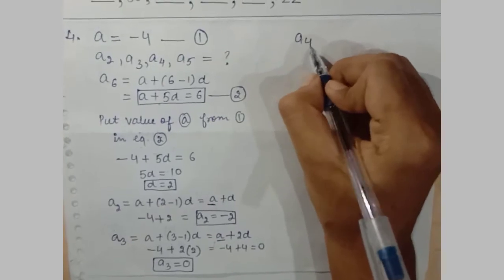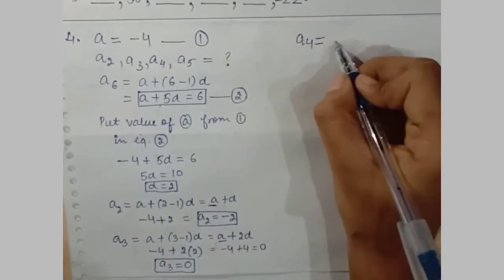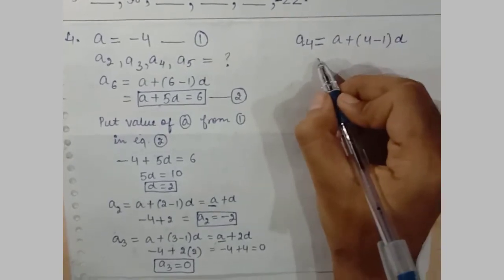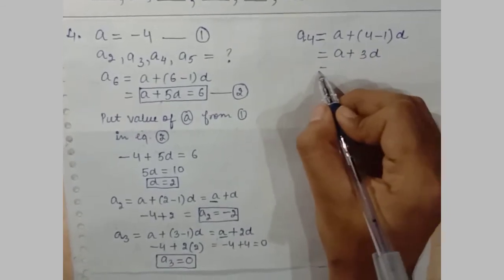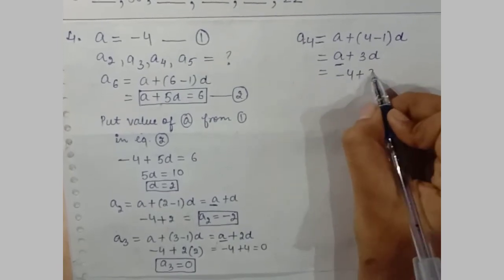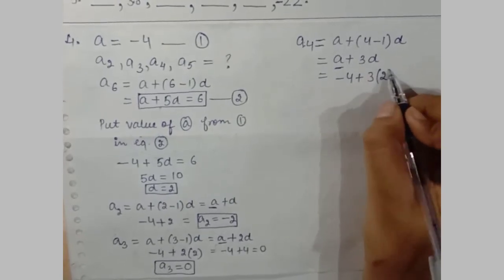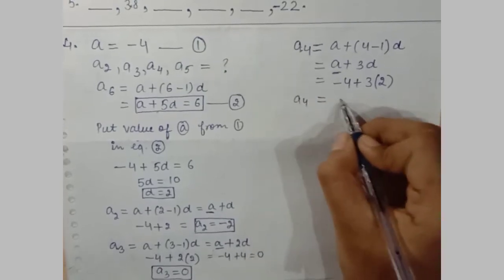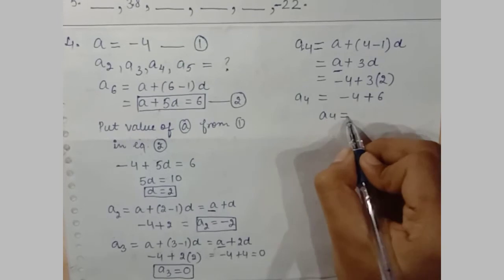For the fourth term, a4 is a plus 4 minus 1d, a plus 3d. A is minus 4 plus 3 into 2, d is 2. A4 is minus 4 plus 6. Our fourth term is 2.